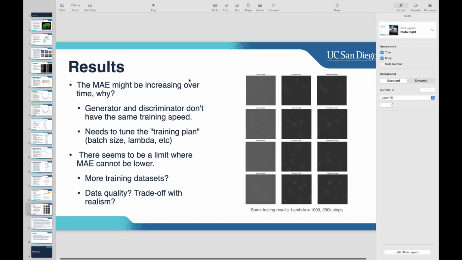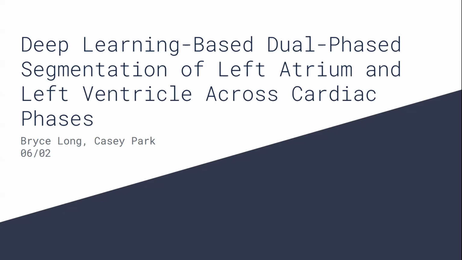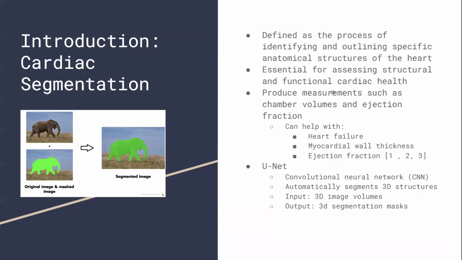Okay, great. So hi. This is the project done by my partner Bryce and I, and our project will discuss deep learning-based dual phase segmentation of the left atrium and left ventricle across cardiac phases. So just to give a quick overview of what cardiac segmentation is, it is defined as a process of identifying and outlining specific anatomical structures of the heart.